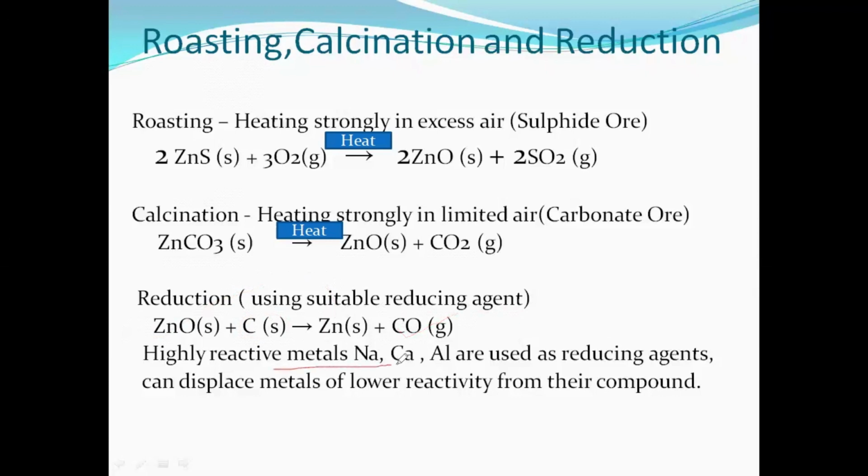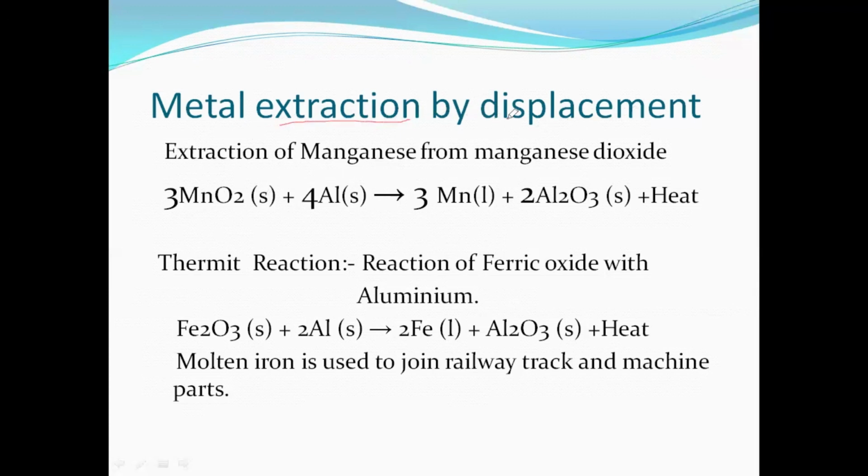Highly reactive metals like sodium, calcium, aluminium are used as reducing agents. These metals displace metals of lower reactivity from their compounds. Extracting metal by displacement. Here is an example of extraction of manganese from manganese dioxide.